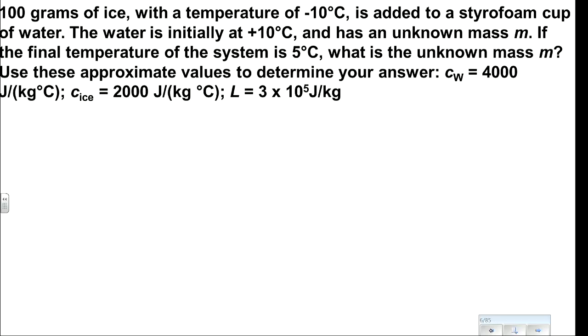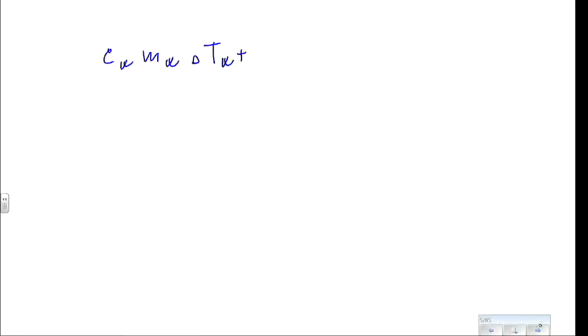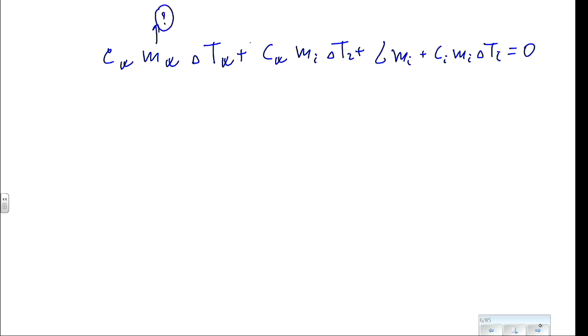So C water, M water, delta T water plus, what was it? C water, M ice, delta T2 plus L M ice plus C ice, M ice, delta T ice equals 0. This is our equation, which has a single unknown here.